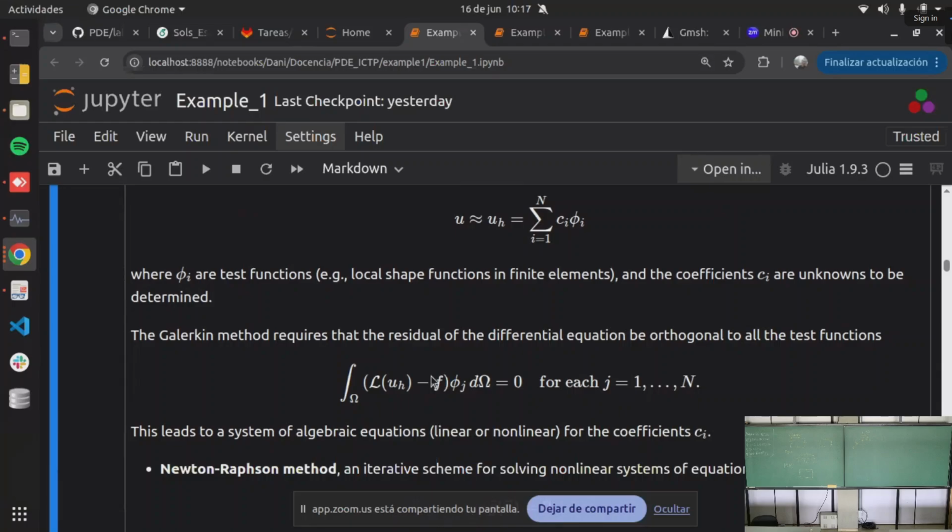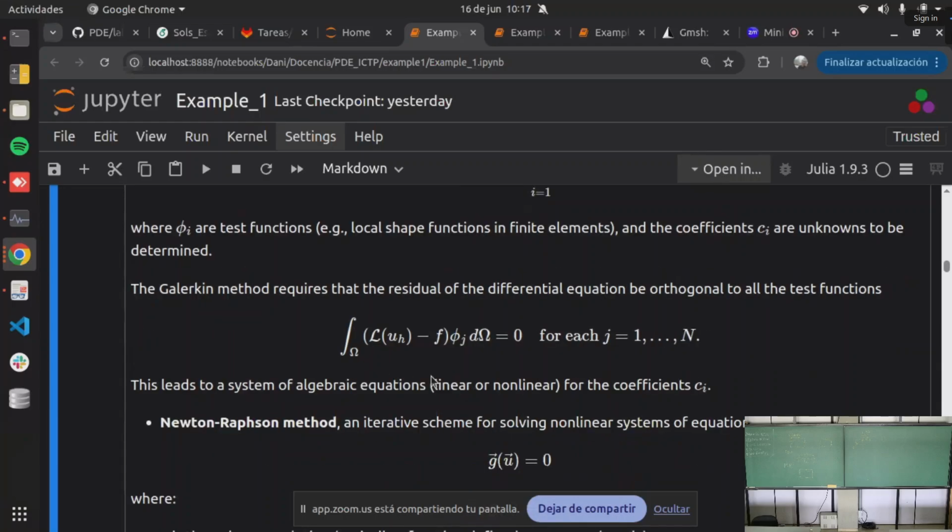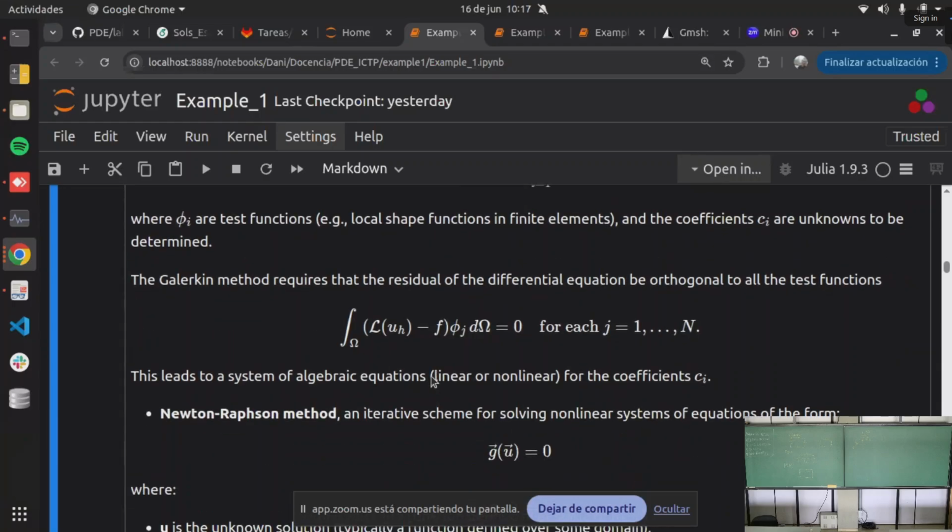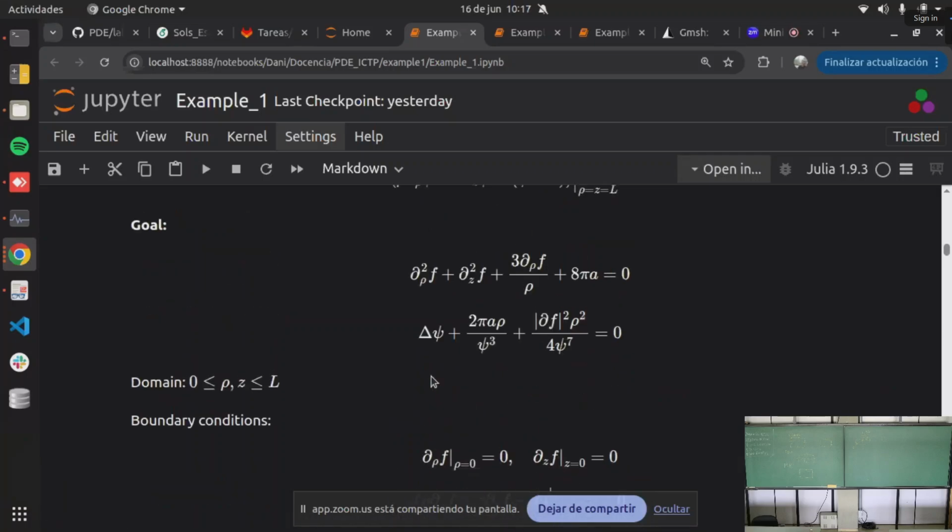And we will use the Newton-Raphson method because now we have a nonlinear system. Note this is linear for F, but this isn't. Note that we have the unknown function in the denominator.